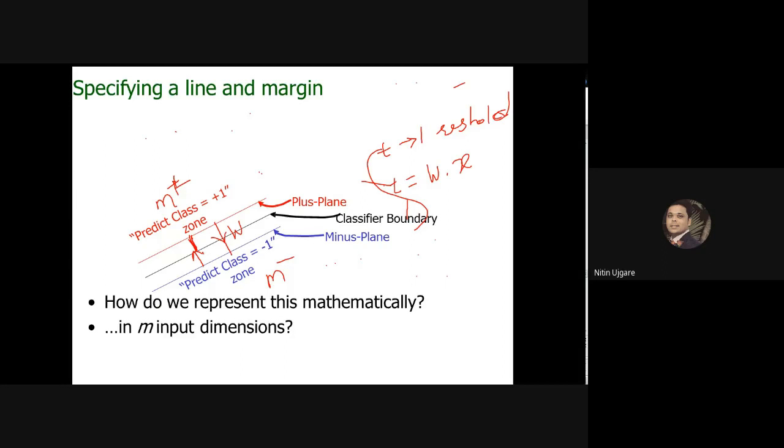So the support vector machine tries to maximize the sum of m plus and m minus as large as possible, and therefore SVM is also called a maximum margin classifier.